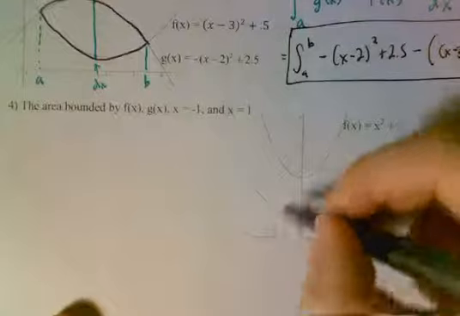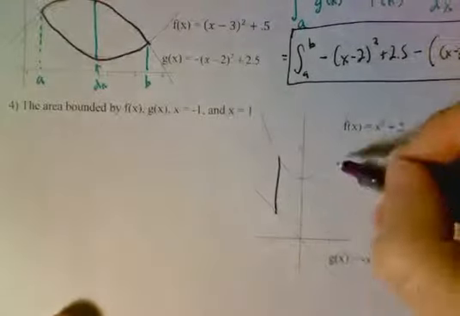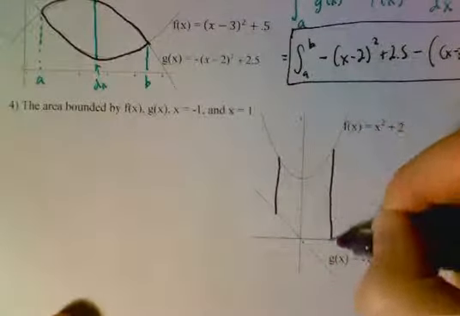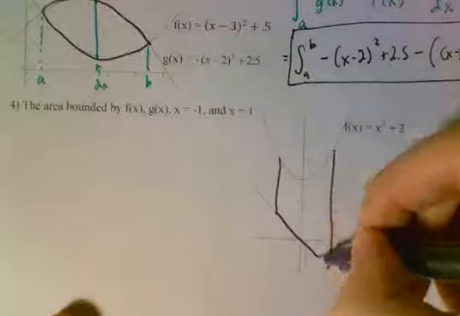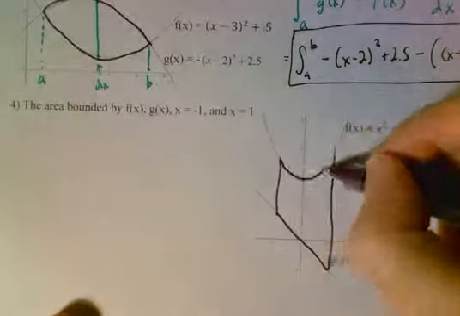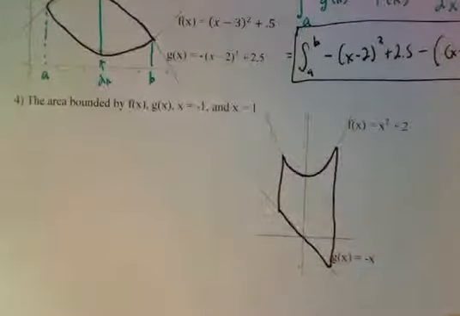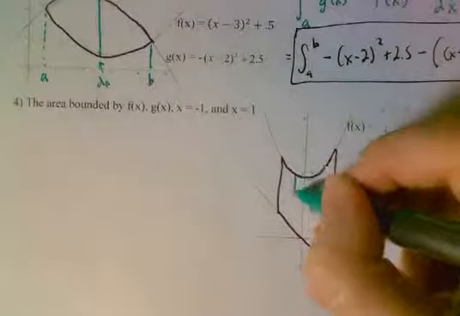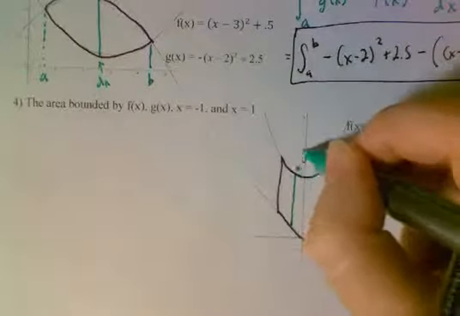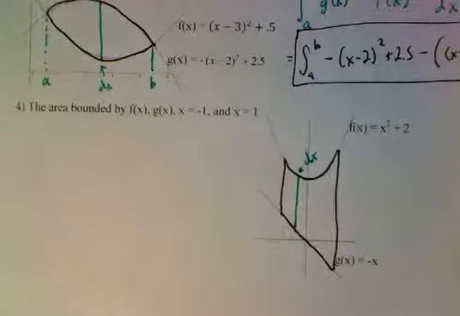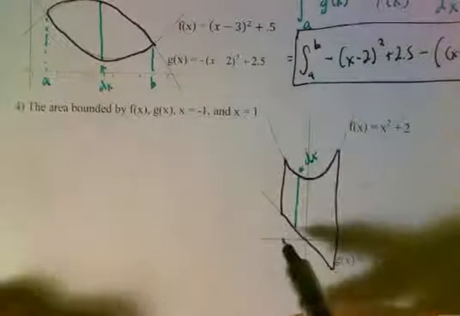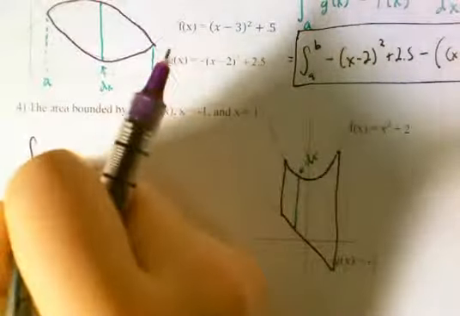So let's see, this one's between when x is -1 and when x is 1. And it's bounded by g of x and f of x. So we can draw our rectangle. And we see that we're starting at -1.